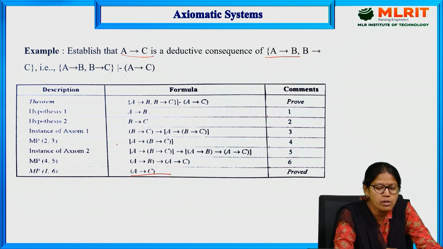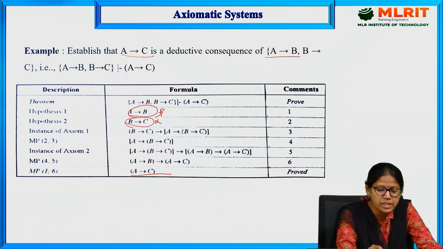Here we have taken alpha as B implies C, and A as beta. So B implies C implies (A implies (B implies C)).